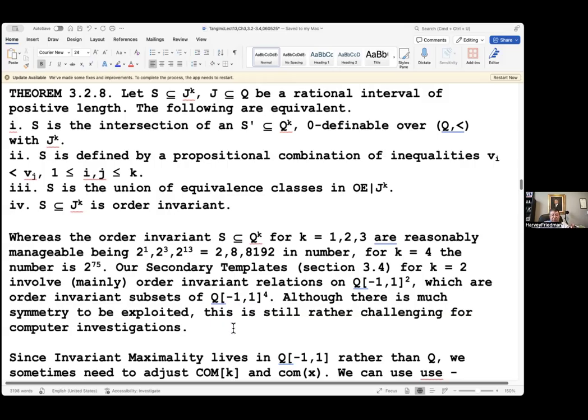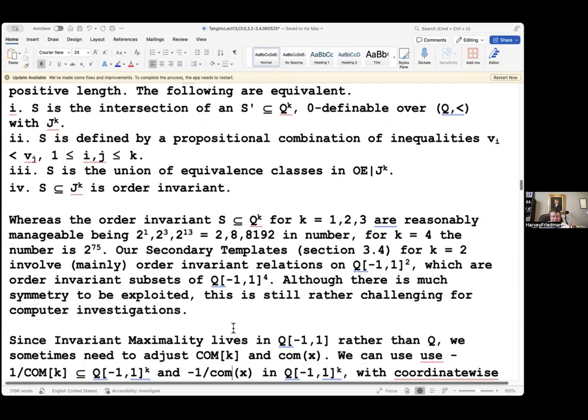Although there is much symmetry to exploit, this is still rather challenging for computer investigations. So you really need to do something, very likely. And of course, if k equals 3, then you're talking about order invariant subsets of Q -1, 1 to the 6th, which is 2 to the OT of 6. And that's, of course, in a totally different realm.